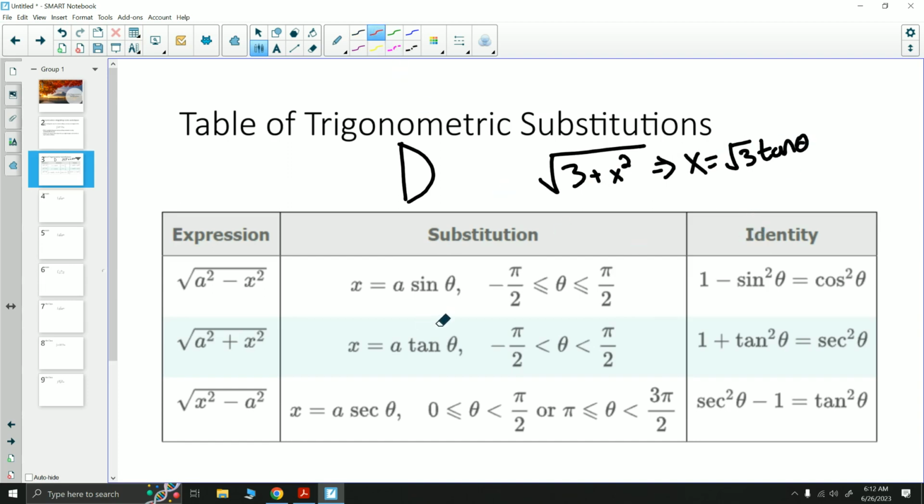Now, this also doesn't have to be a perfect x. If we had something like the square root of 9 plus, I don't know, 2x squared, then you could technically rewrite this as the square root of 2 x, squared, and call this basically your x term.